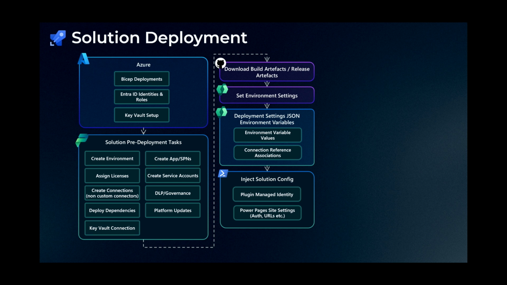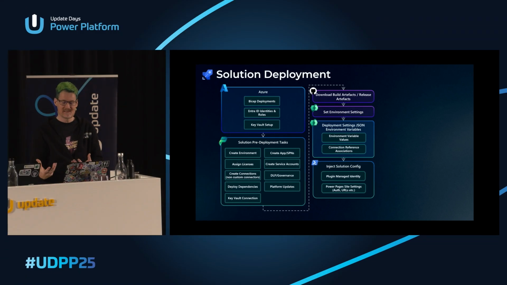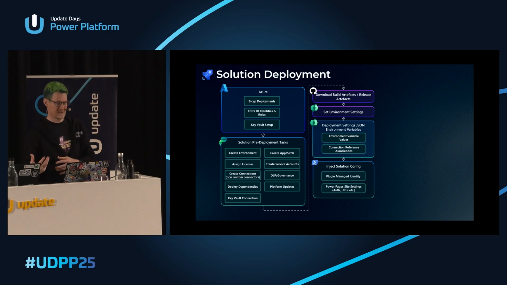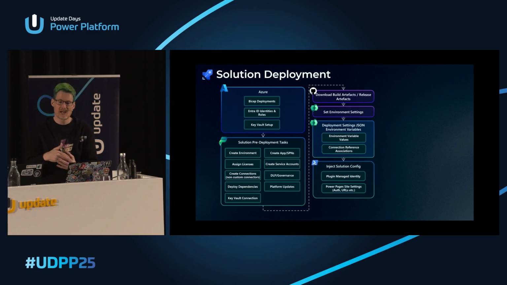And so what the deployment pipeline does is it injects some things into that zip before it deploys it. For example, the managed identity ID, or if you've got configuration that needs to be put into Power Pages, like the auth settings, or URLs for certain other services that it's using, you can inject those into the zip: you unzip it, update it, rezip it, and then you can deploy it.